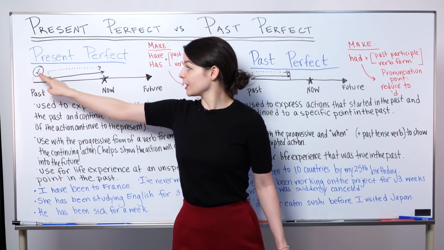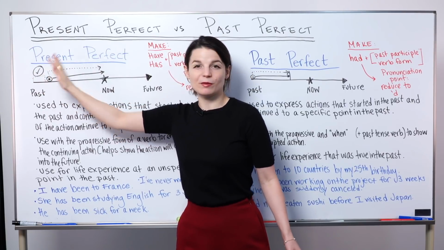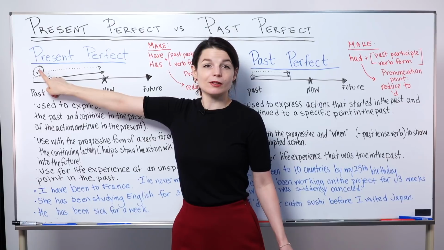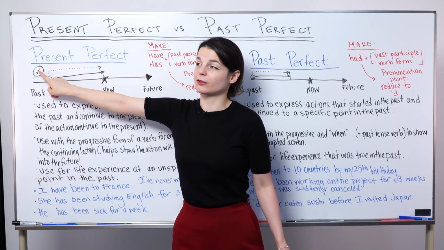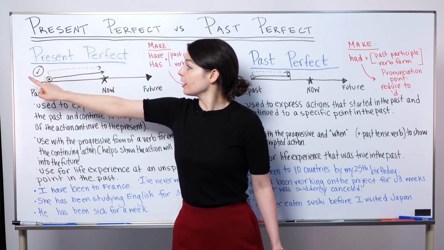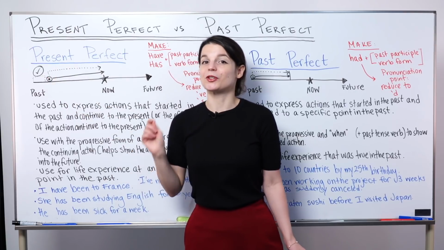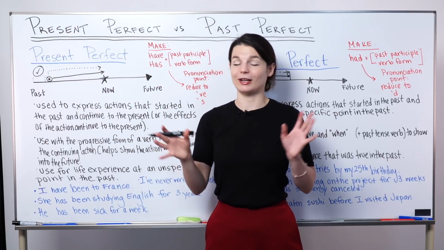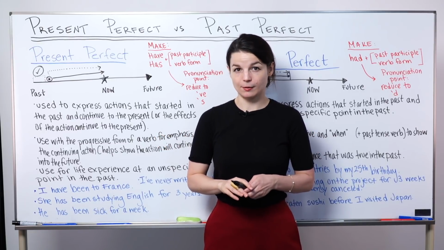The dotted lines represent some time in the past. We don't know exactly when, but there was life experience. Something happened. We use this for like travel, job experience, and so on. We can also make a negative here to show no life experience in the past at some point or at any point in the past.